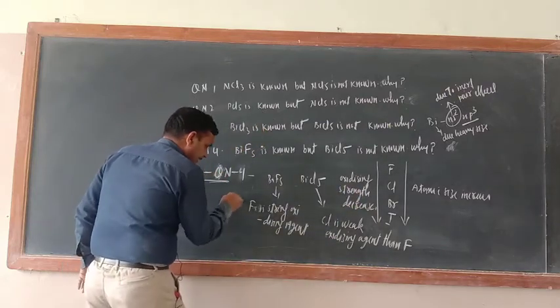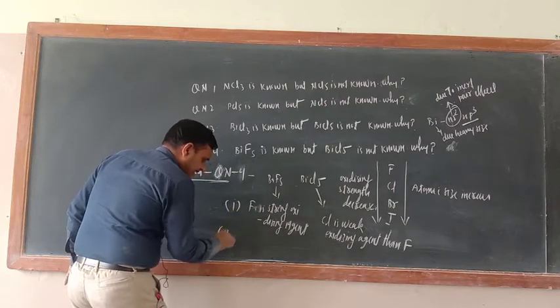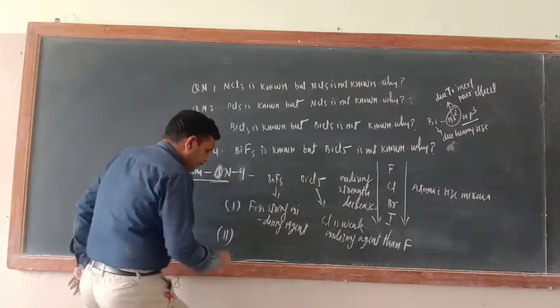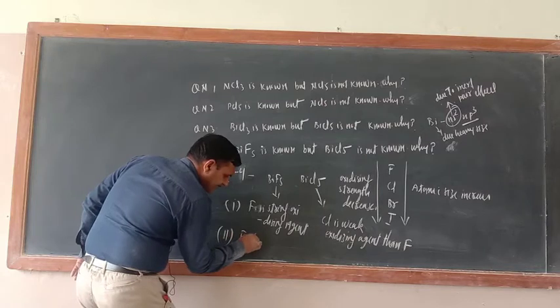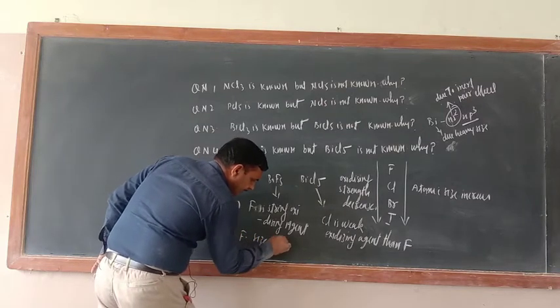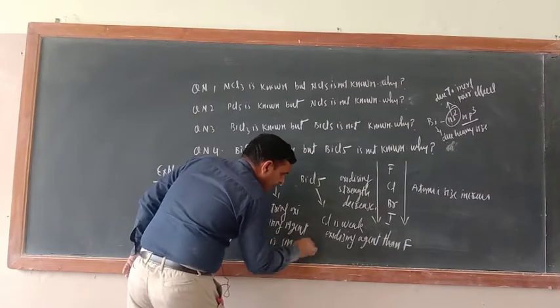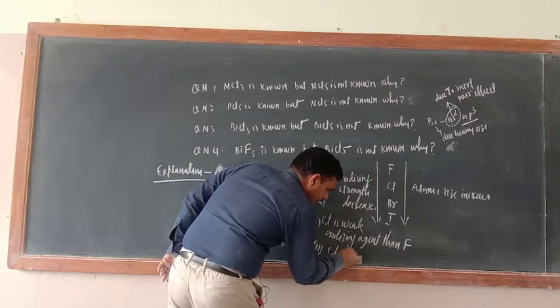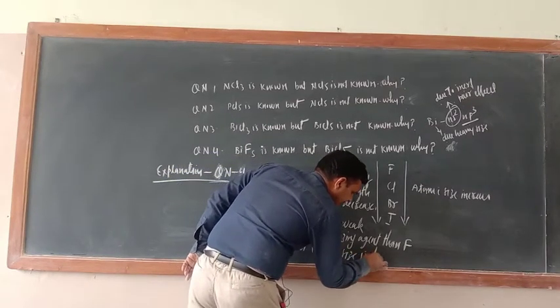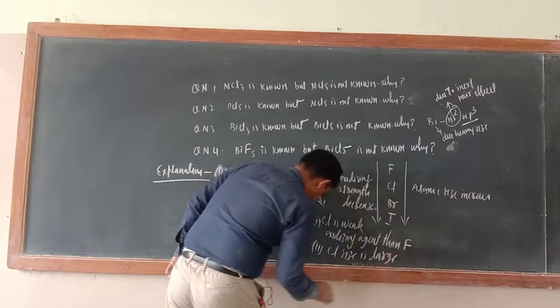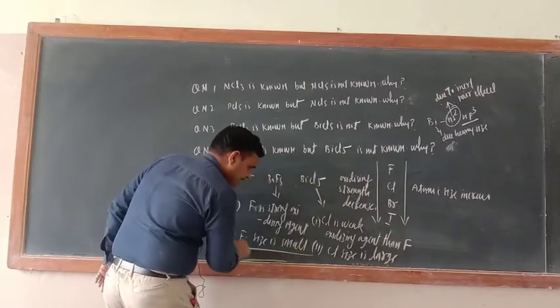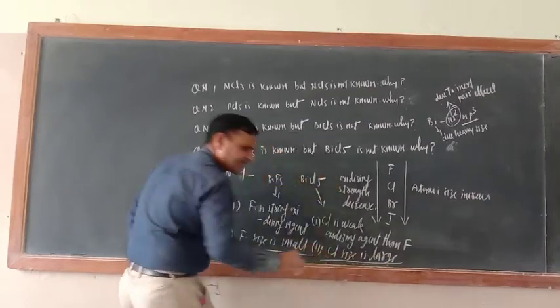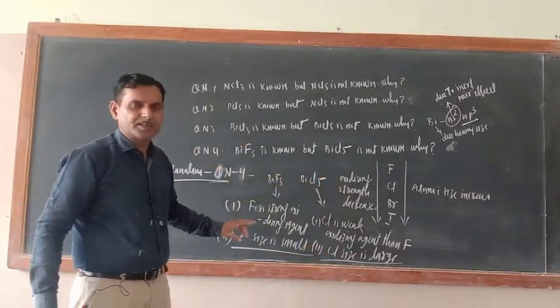So what is the second reason? The second reason is fluorine size is small, and chlorine size is large. So just try to understand.